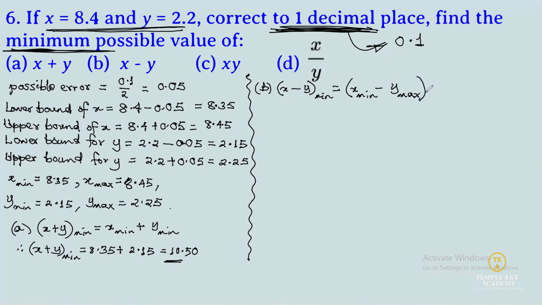This is what can give us the minimum value of the difference. X has to be at its smallest to subtract y at its greatest so that the difference is minimal. Let's choose the minimum value of x, which is 8.35, minus the maximum value of y, which is 2.25.